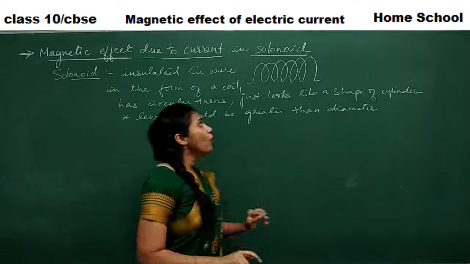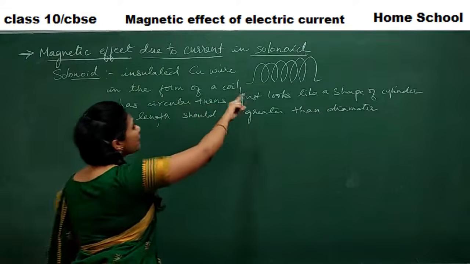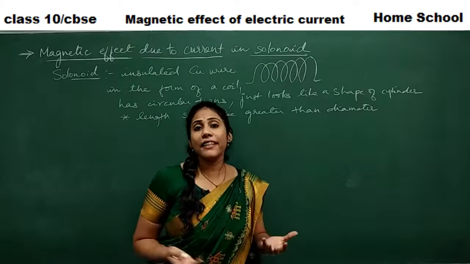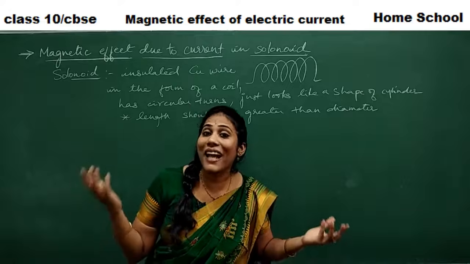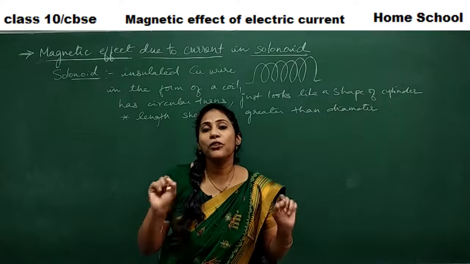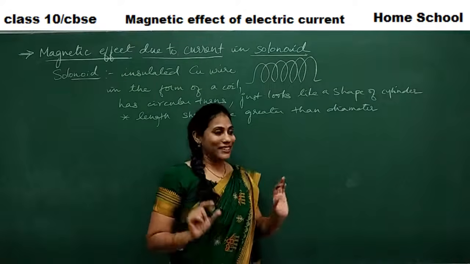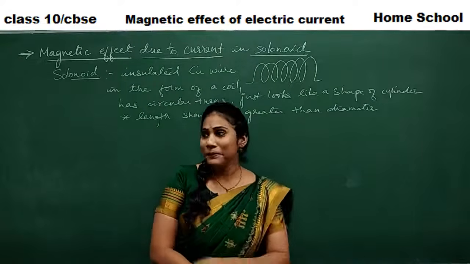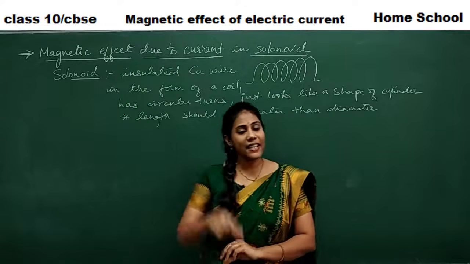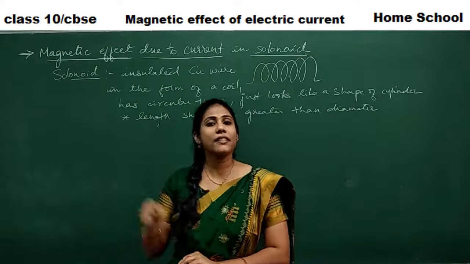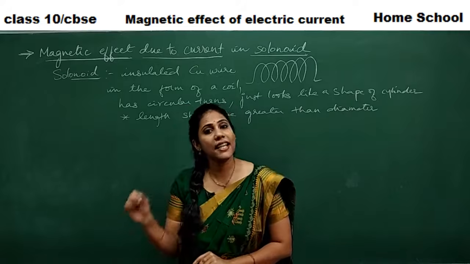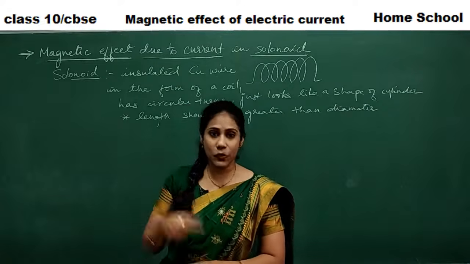Now, when current is passed through such a structure, that is a solenoid, how is the magnetic effect generated? How do the magnetic field lines look? That is the motto of today's session. Let us go back to the concept. In our previous class, when I was talking about a circular loop, I said a circular loop is like a collection of many straight lines.